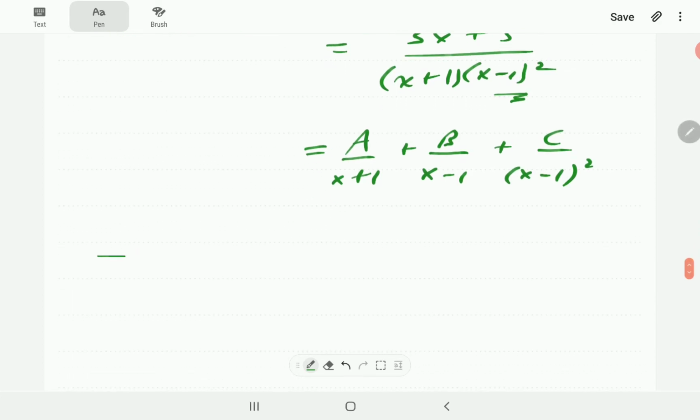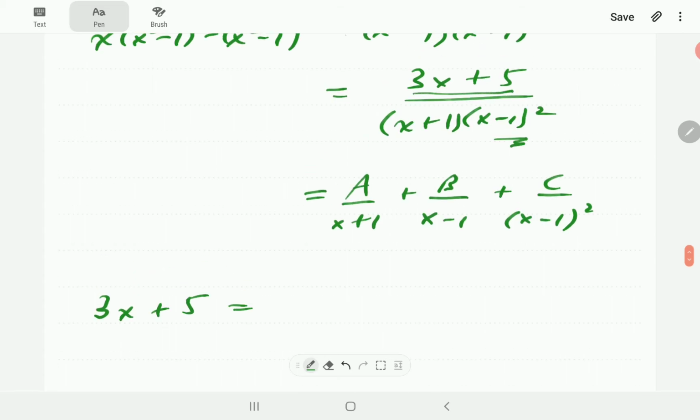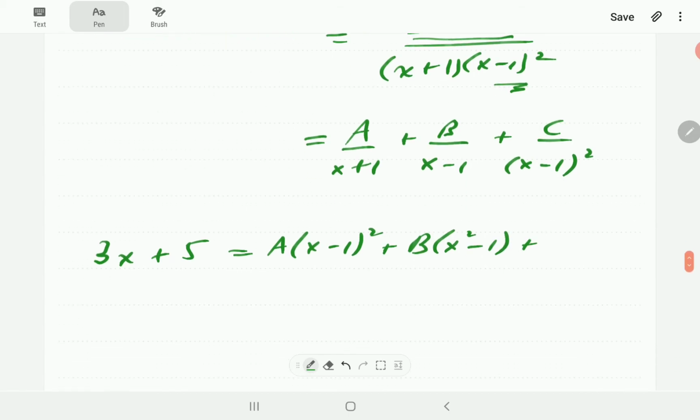So this time, if we clear the partial fractions, on the left hand side we're going to have 3x plus 5, which is this numerator. On the right hand side we're going to have a into (x minus 1) squared. Then we're going to have b into (x minus 1)(x plus 1), and then c times (x plus 1).